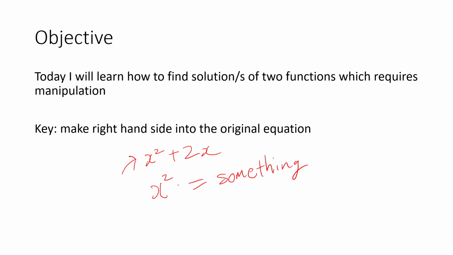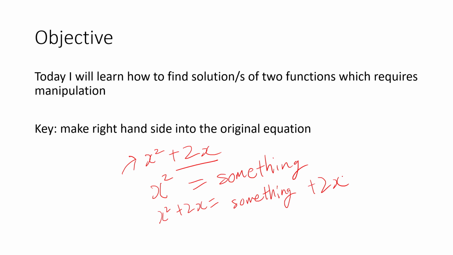So how do you go about making x squared into x squared plus 2x? You just plus 2x. So x squared plus 2x is equals to something plus 2x. You will see what exactly I mean by this.